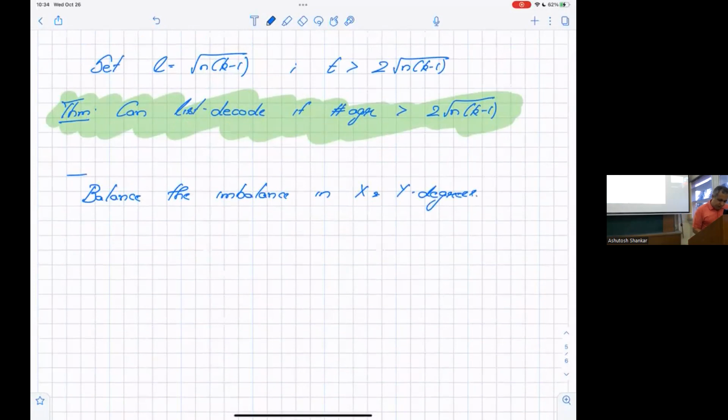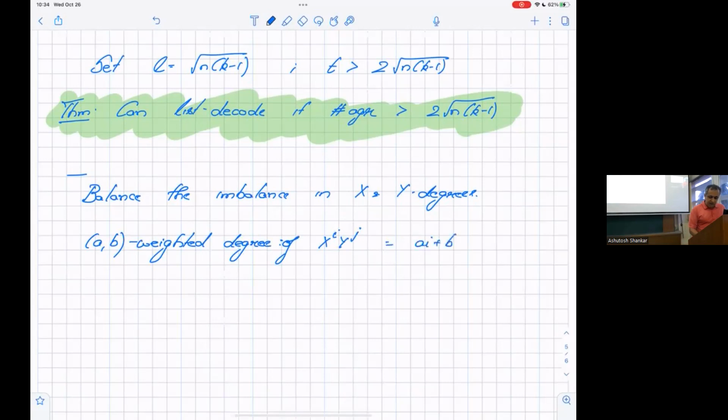We'll define something called an (a, b) weighted degree of a polynomial. So what was the degree so far of a polynomial? We talked about the x degree, the y degree. The (a, b) weighted degree of a monomial x to the i, y to the j is going to be a times i plus b times j. That is, x gets weighted a times, y gets weighted b times.